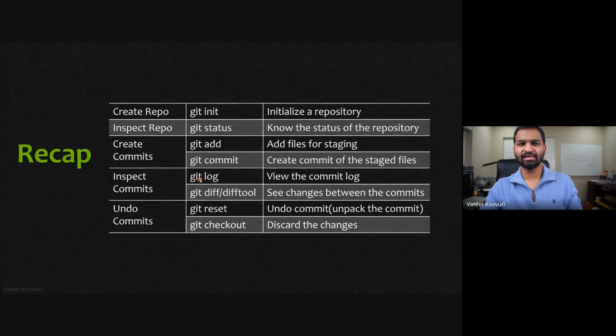But unlike that, with code, where you make a lot of changes to your source files, just by looking at the git log output, you won't be able to tell which files got modified, or what new files got added, or what existing files got deleted. Those things you cannot simply say by looking at git log, right?